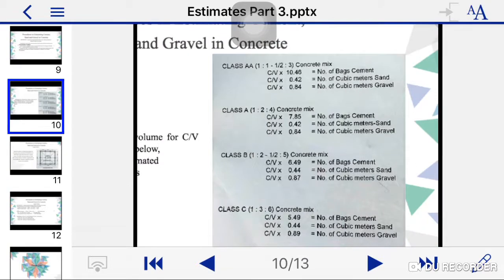For example, we have a class A 1:2:4 concrete mix. After determining the total concrete volume, we will multiply it by 7.85. This is the factor for 1:2:4 concrete mix. After multiplying it, we can determine the number of bags of cement, as well as the number of cubic meters of sand.